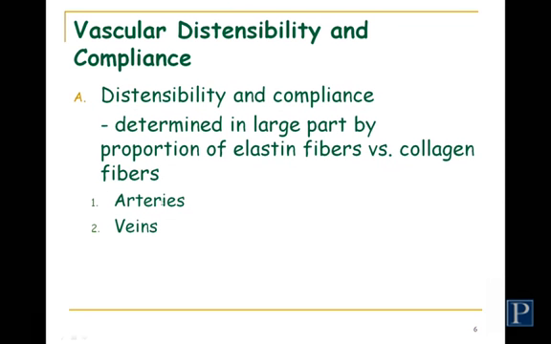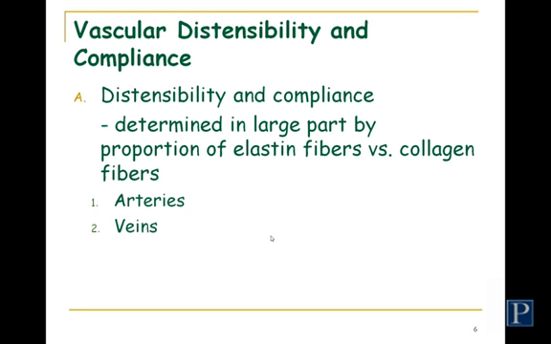So if you want to compare arteries and veins and why one is more compliant or distensible than the other, it comes down to the structure. If you look at arteries and compare them to veins, there's differences in the amount of muscle that's found in the walls. You can look at differences in the amount of elastin fibers and collagen fibers.